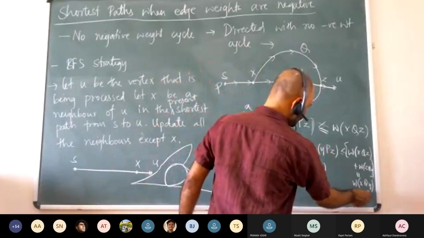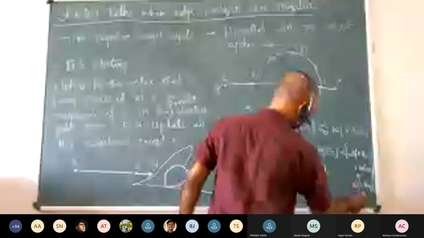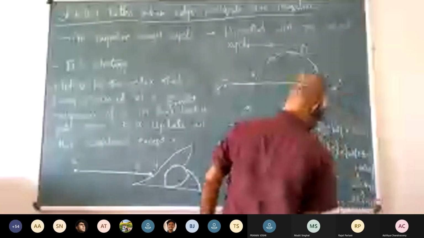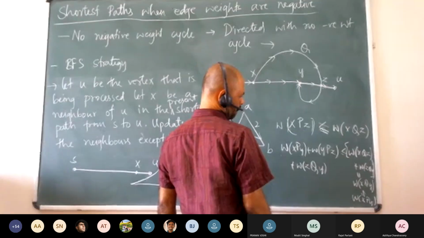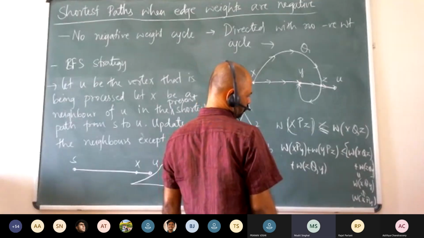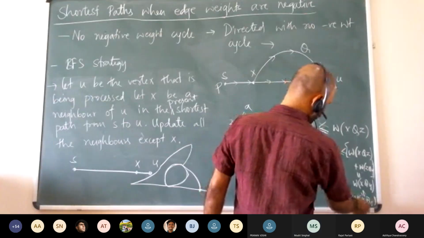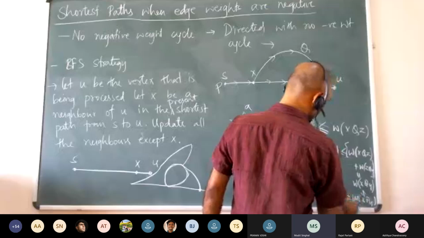Now what do we know about the weight of XQY? By assumption, this is less than or equal to the weight of XPY. For this to happen, YPZ plus ZQY must be less than 0. Anyway, we are substituting a bigger quantity, so this will still be maintained.